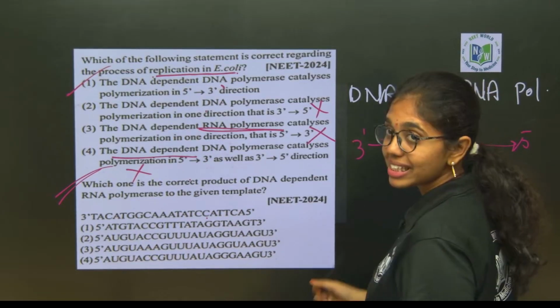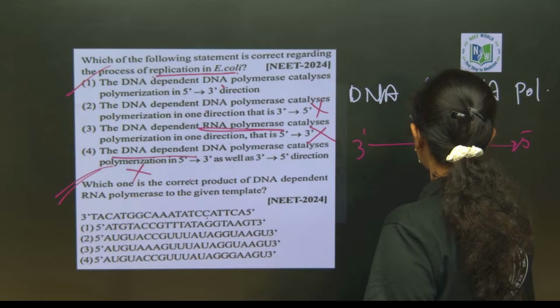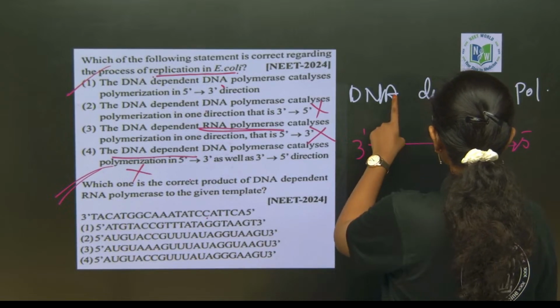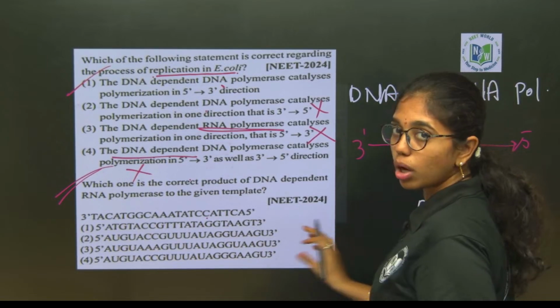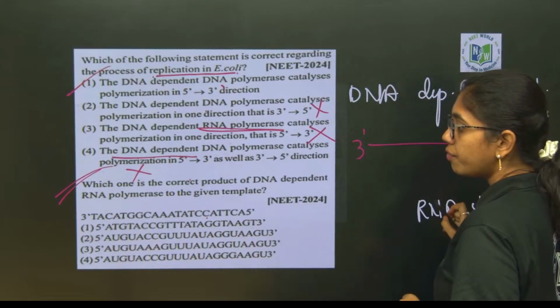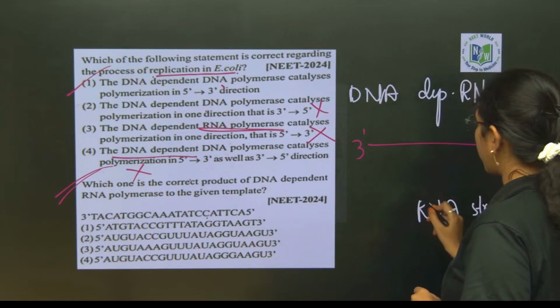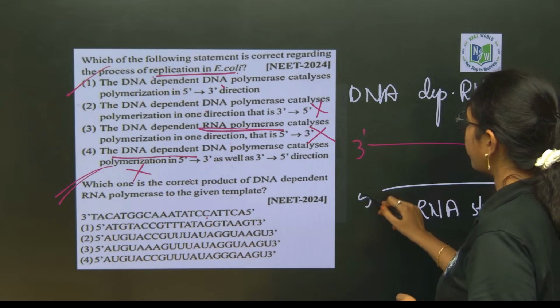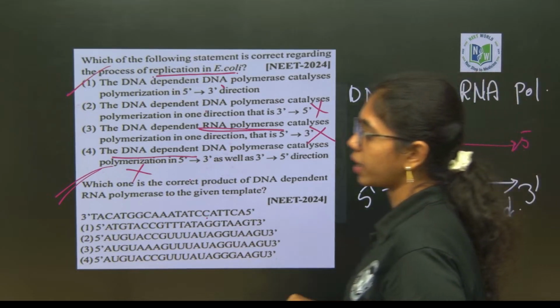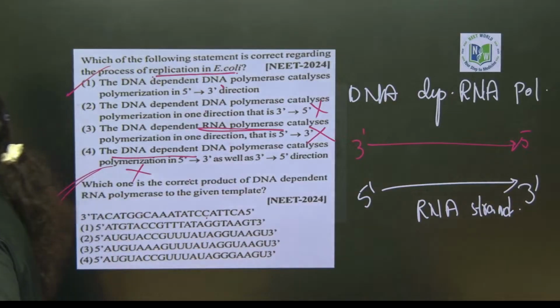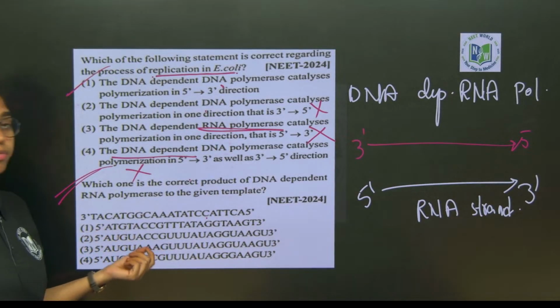We have to synthesize the RNA strand because the enzyme is RNA polymerase. So the RNA strand is synthesized from 5 prime to 3 prime direction. So it is from 5 prime to 3 prime.